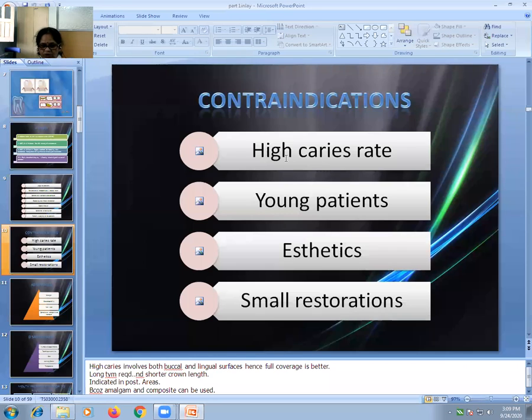If you are going with the cast restoration or metal inlays, they will be contraindicated. And whenever there is a small restoration, it is always preferred to do it with a direct restoration instead of going with an indirect restoration.